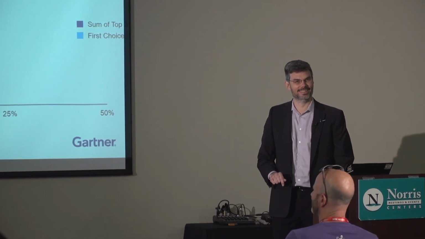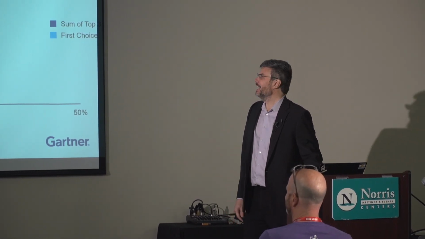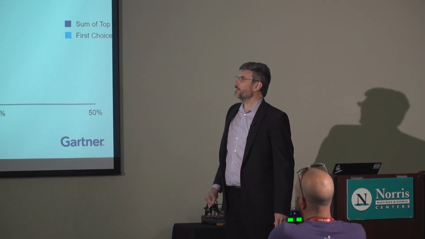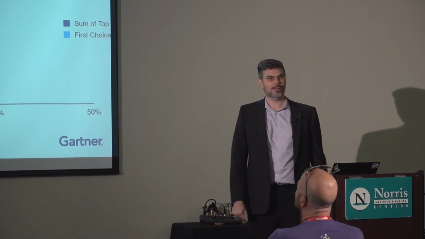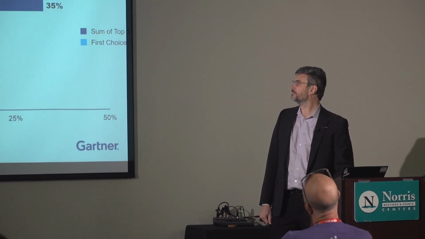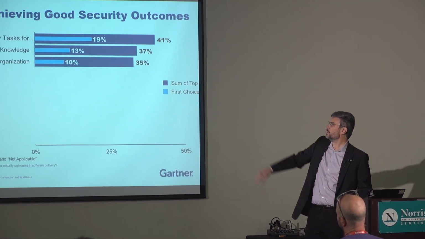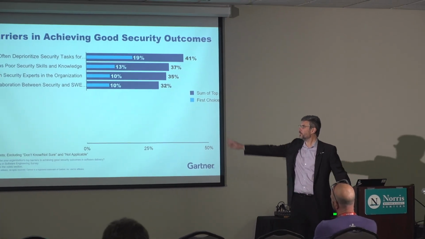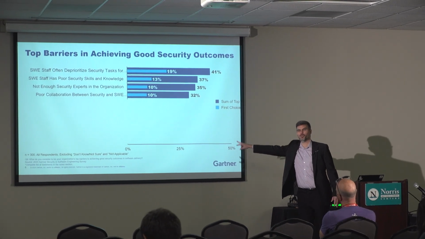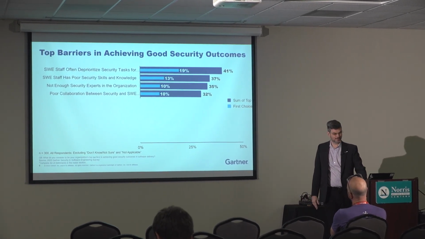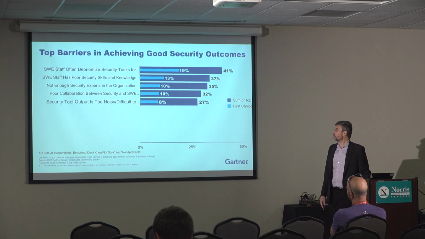Sound familiar? Next, software staff has poor security skills or knowledge. There's not enough security experts in the organization, at 35%. Poor collaboration between security and software engineering. The security tool output is too noisy or difficult to understand.